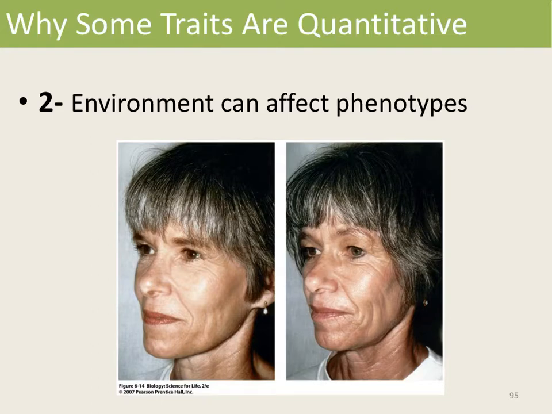Now, I've been treating it like these genes code for certain things no matter what. And they do. But for the most part, especially polygenic traits, it's always a matter of genes interacting with the environment. So here we have a woman. If she had stayed out of the sun, she'd have smoother skin.